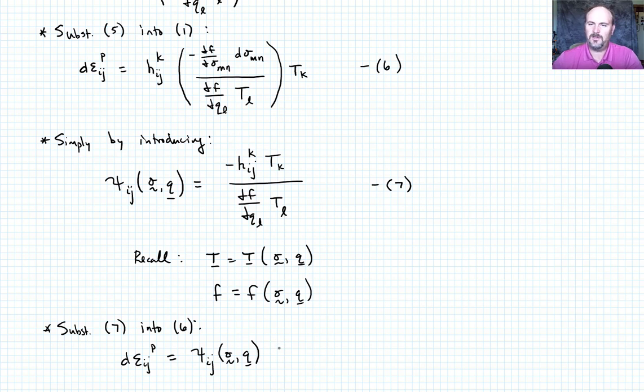Times now this other quantity that I pulled out, which looks like partial f with respect to sigma mn times d sigma mn. Okay? Hopefully that's straightforward, and we'll call that equation 8.